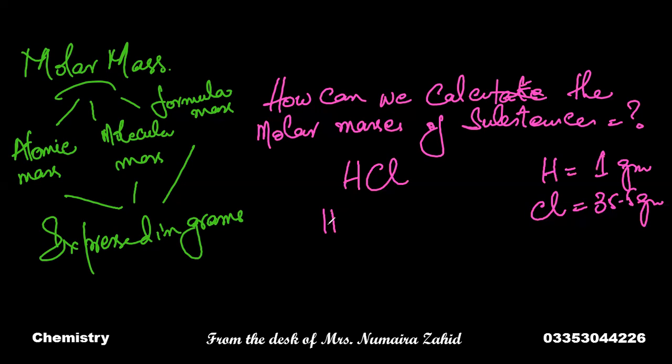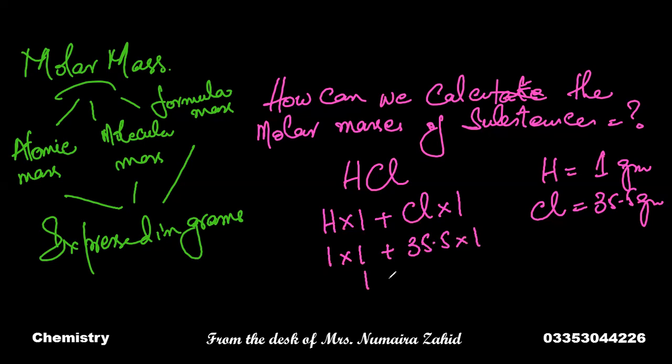First, we will find out how many atoms of hydrogen are here plus how many atoms of chlorine. As we know that there is only a single hydrogen atom and a single chlorine atom, we are writing it H into 1 plus Cl into 1. Now we have to put the value of the atomic mass of hydrogen, which is 1: 1 into 1 plus, for chlorine, 35.5 into 1.